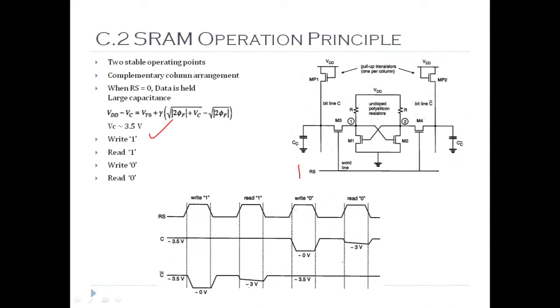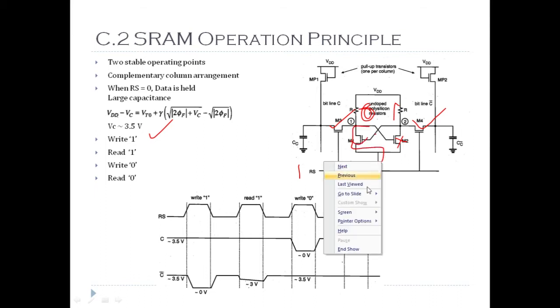When RS is equal to 1, this is on, this is on, so both these transistors are on. Now let's assume that 0 is stored here. Because this is 0 which is stored here, and this is 1 which is stored here, so because this is 0, it is off, and because this is 1, this is on, so it is pulling it down.